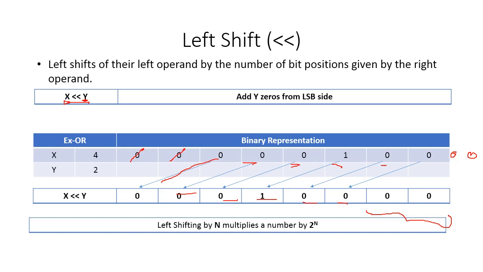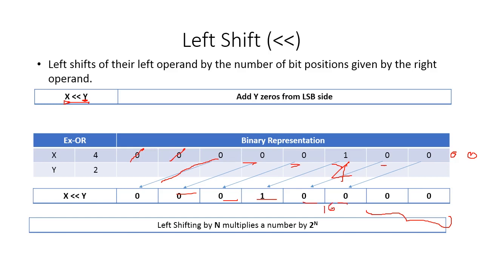Is it 4? 2 power 2? Yes. Left shifting by 3 is multiplying by 8. 2 power 3 is 8. Even in this example, my initial value was 4, and this value is 4 into 2 power 2. 2 power 2 is 4. 4 into 4 is 16.